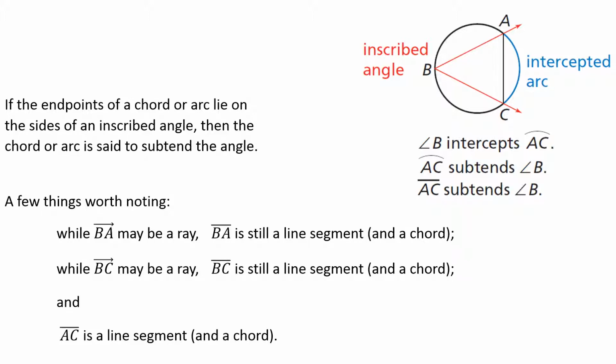So instead of saying, hey, arc AC goes with angle B, we say, oh, arc AC subtends angle B. Or instead of saying that chord AC goes with angle B, we say it subtends angle B. Just a fancy word so we know which angle to associate it with. Well, truth be told, if you take a look at the picture, it's pretty self-evident.